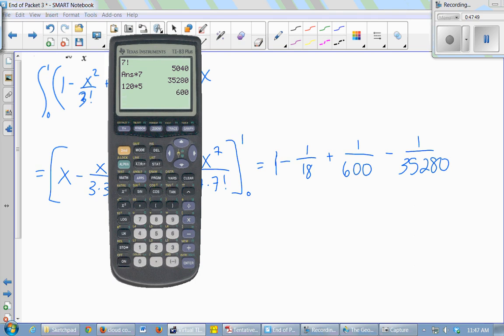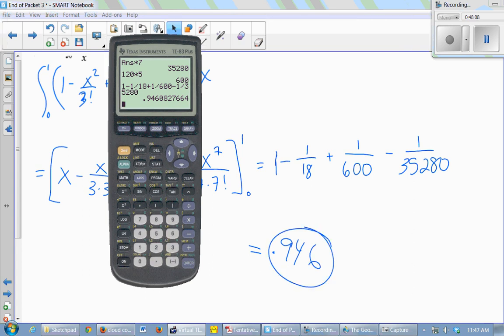Okay, so then I add these up. 1 minus an 18th plus a 600th minus 1 over 35,280.